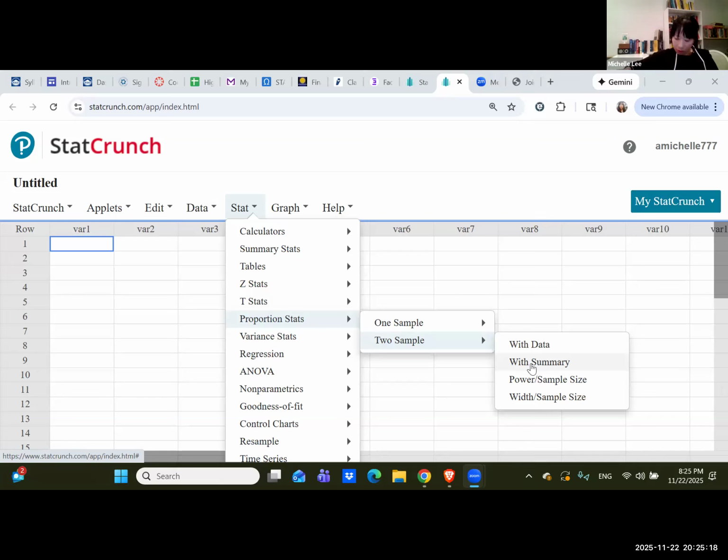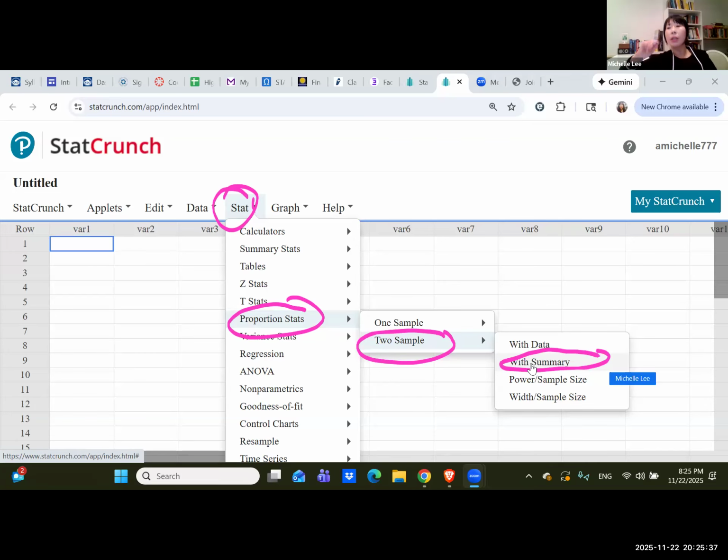I'm looking at the tablet, I mean the pencil, so I can annotate. All right, so Stat, Proportion Stats, Two Sample with Summary. Click that.